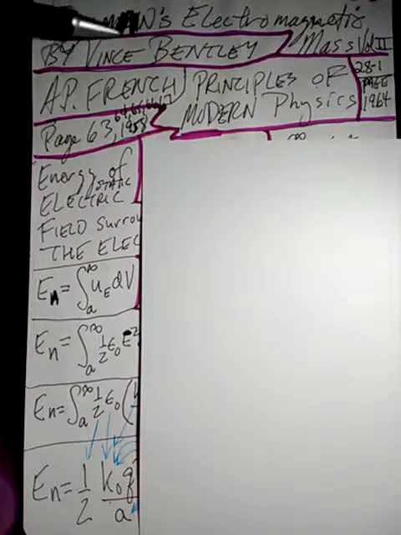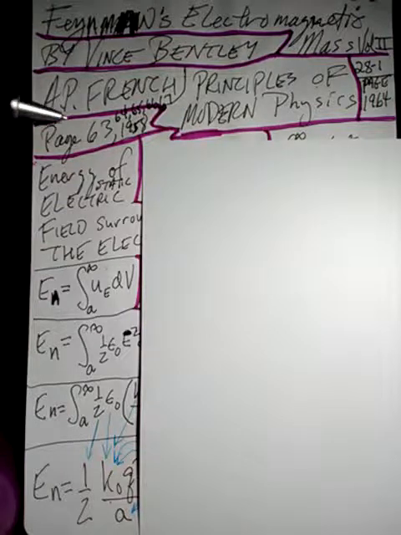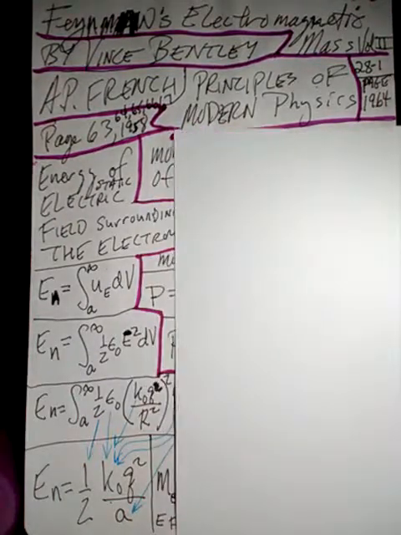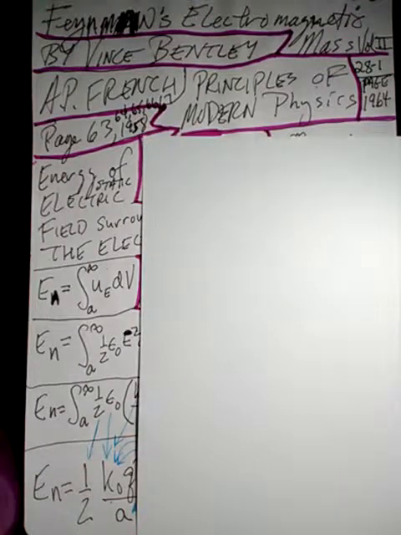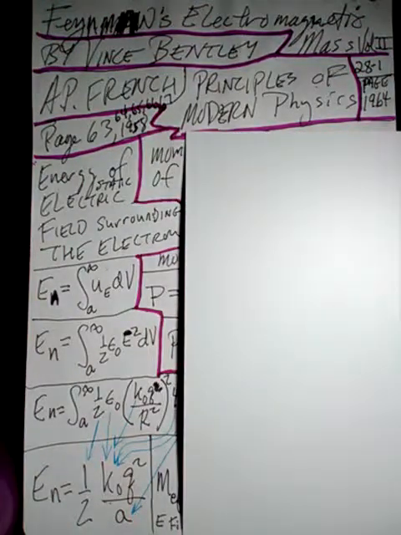Although I don't know, that's when Feynman published it, and that's when this guy published it, so I assume this A.P. French probably did it first, but there may be others. I don't have every single physics book ever written, so I'm just mentioning these two sources as sources of this lecture, and also for you to go and look it up for yourself.